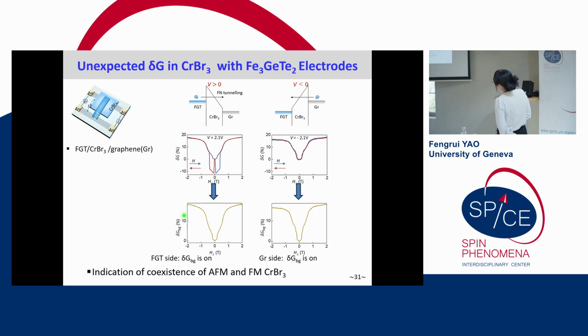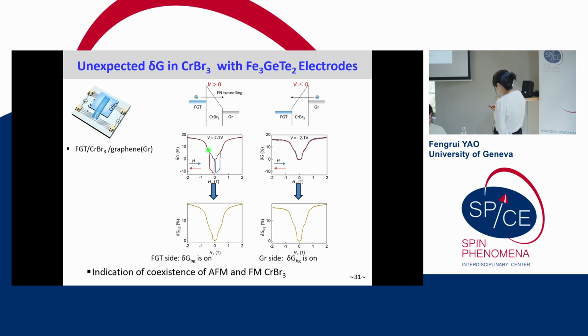The amplitude is relatively larger than ferromagnetic, but it shows some small jumps, which is an indication of antiferro. So this phenomenon is a strong indication that there is a coexistence of antiferro and ferro under FGT.